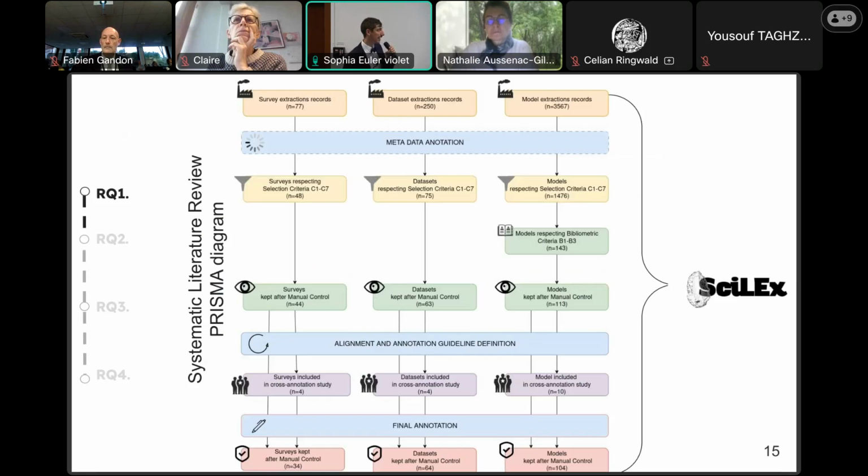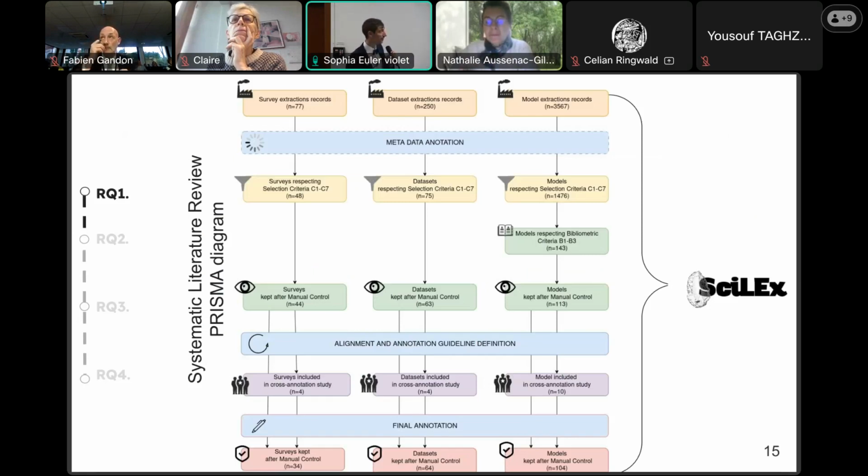Silex also helps us to obtain a first layer of annotations coming from Papers with Code. And the resulting dataset was the backbone of the survey we wrote about relation extraction.